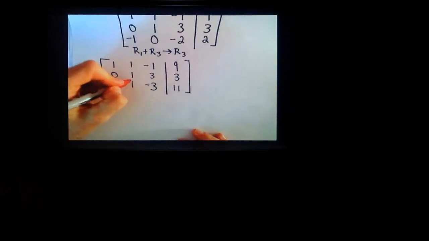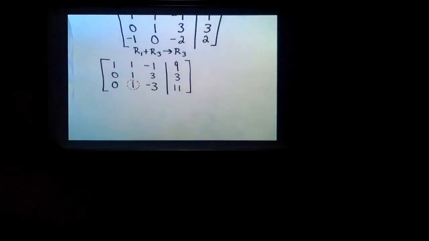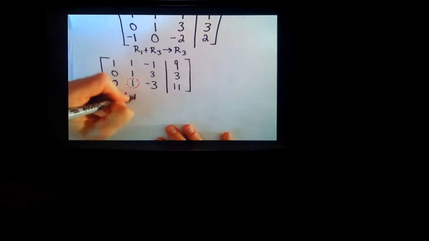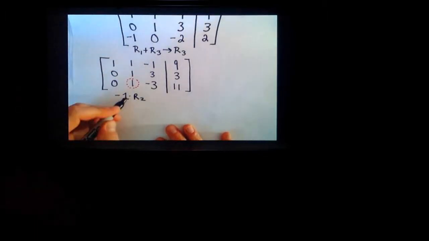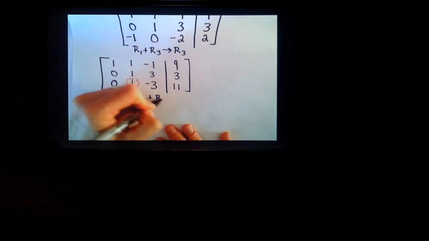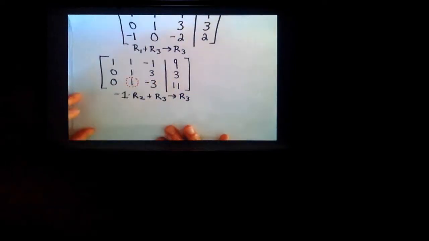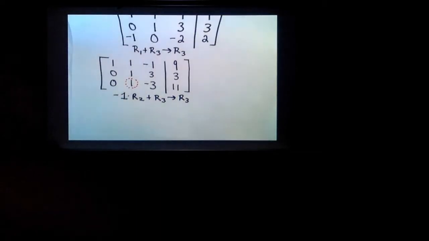I want to make that into a 0 as well. Well, if we just add row 2 and row 3, that's not going to do the trick. But if we multiply the second row by negative 1, then add that to our third row, I think that'll do it for us. So let's see here.